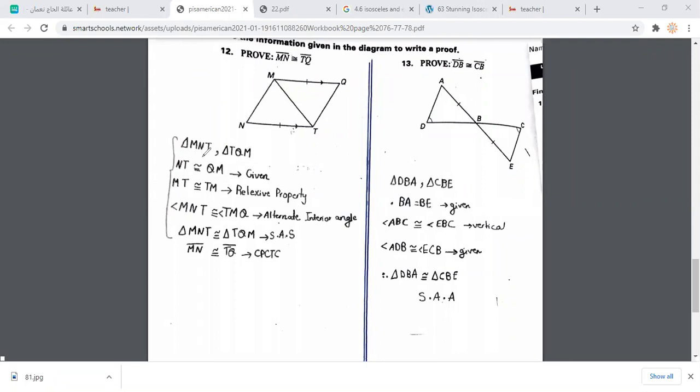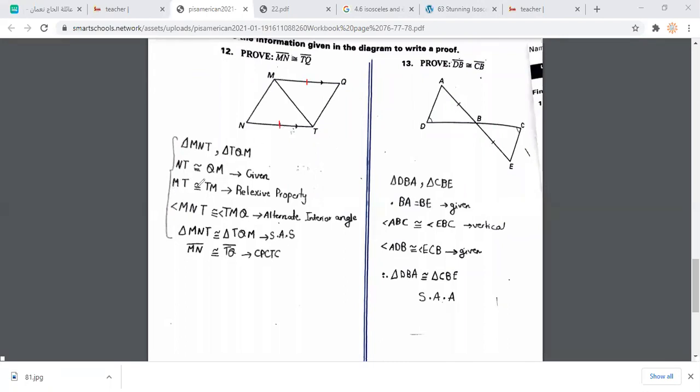Then NT congruent with QM. So this is the first one. He put the sign equal in both, right? Like this.